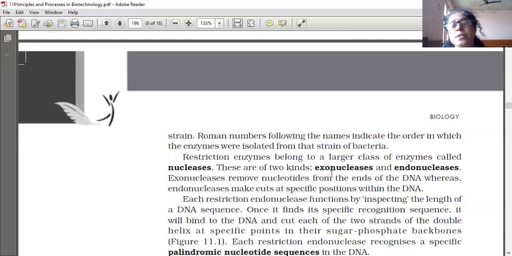There are two kinds of nucleases, exonucleases and endonucleases. Exo means outside and endo means inside.